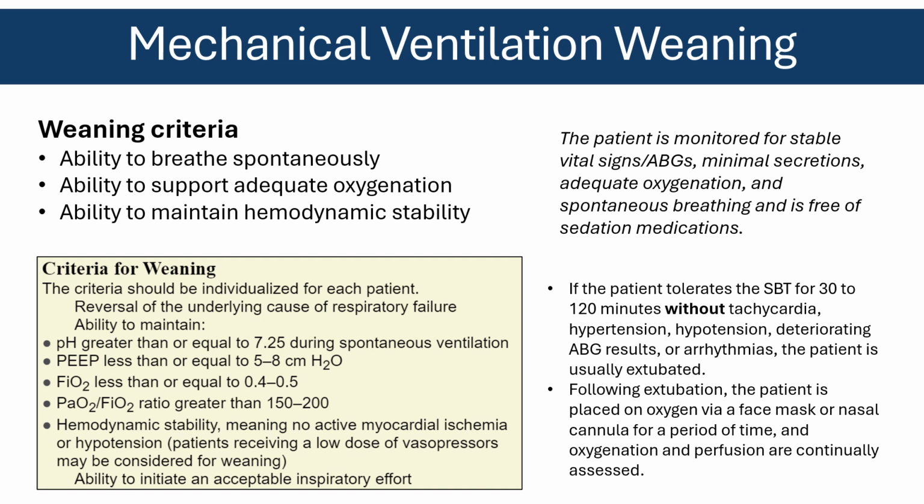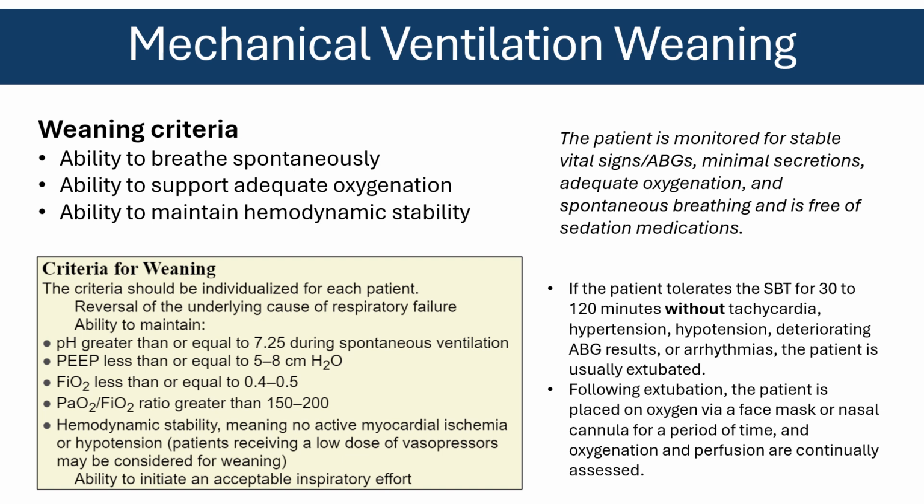FiO2 greater than 150 to 200. So this is a ratio, and you don't have to know the ratio, so don't worry about that. Hemodynamic stability. So no active ischemia from an MI, no hypotension. For example, if the patient requires really high doses of vasopressors to maintain their blood pressure, then they may not be a candidate for weaning at that time.